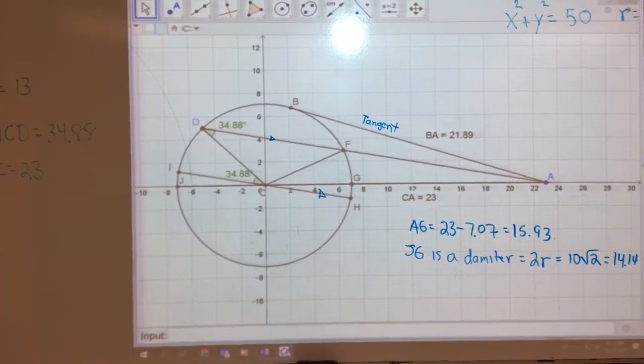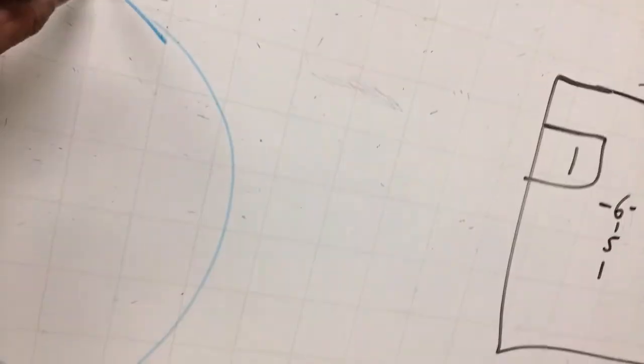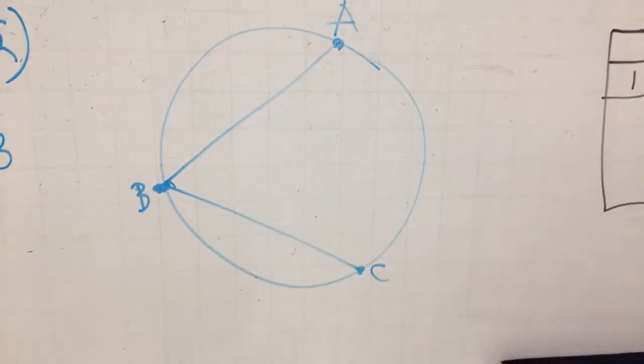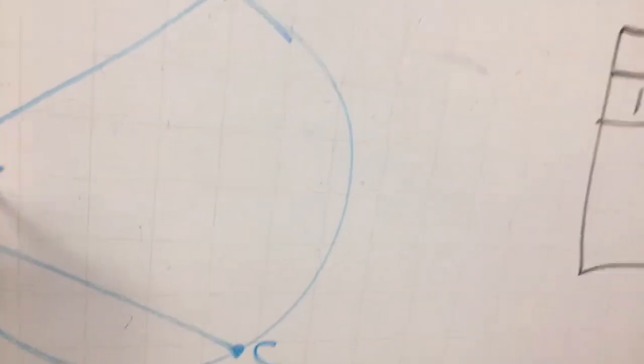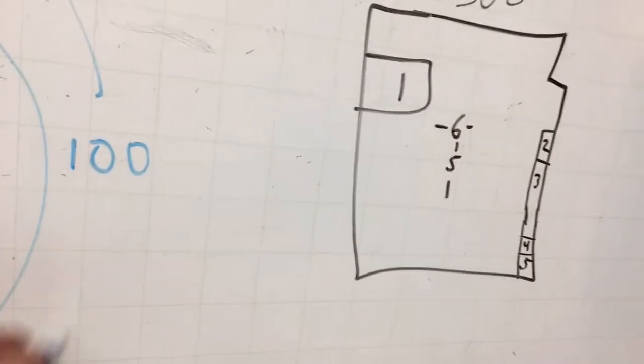And remember, if you have an inscribed angle, let me draw you a quick picture here. Maybe this will help you out. If you have a circle and a point on the circle, and this goes like this, and this is an A, this is a B, and this is a C, that is an inscribed angle. If the measure of this angle is 50 degrees, the measure of this arc is 100.